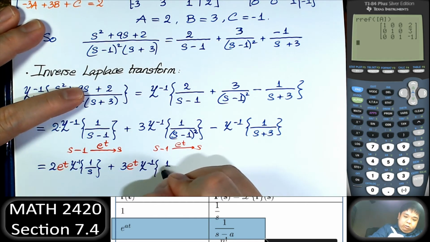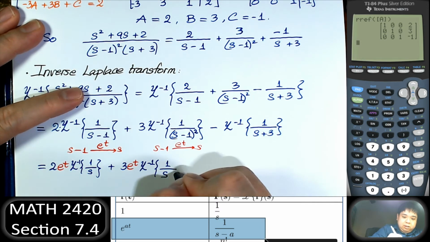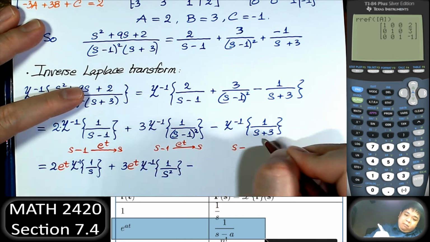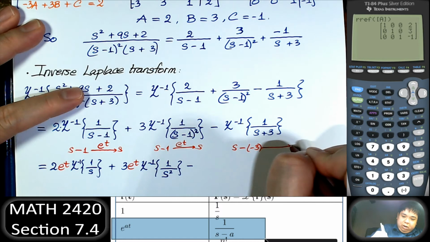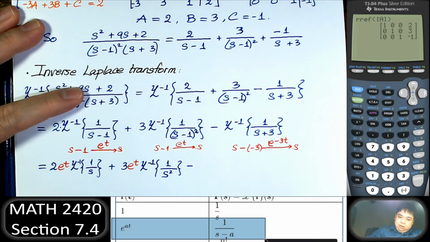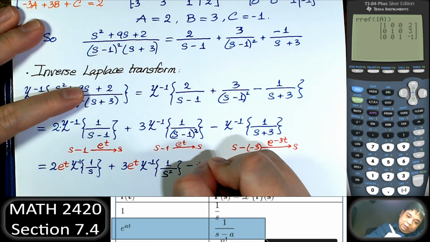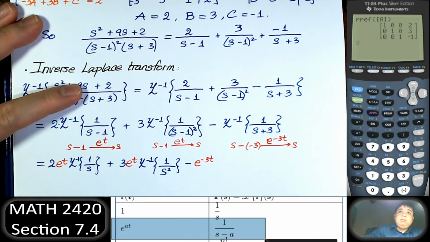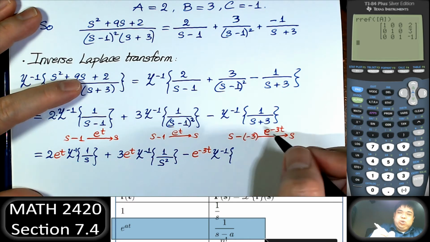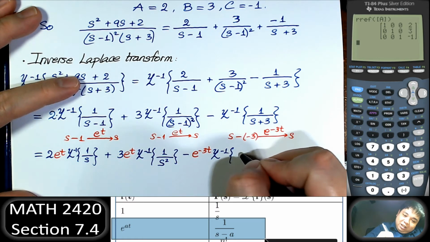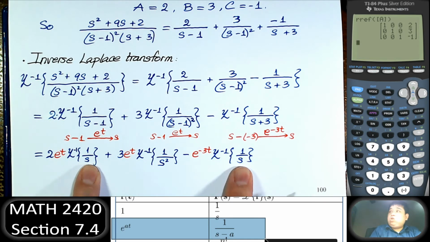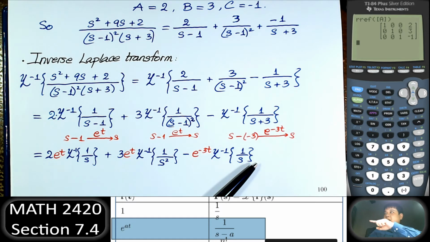And so we have just 1 over s squared. And now s minus negative 3, replace with s, multiplied by e to the negative 3t. Of course, this you can go directly to e to the negative 3t. That's easy. The inverse Laplace transform of 1 over s, the one right above it, is just 1.